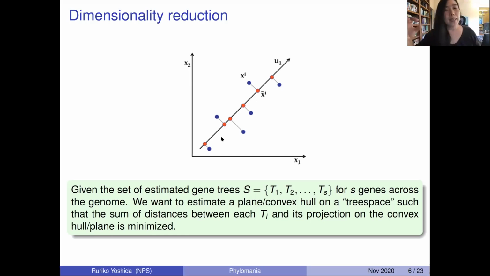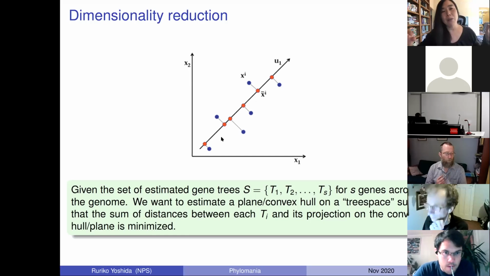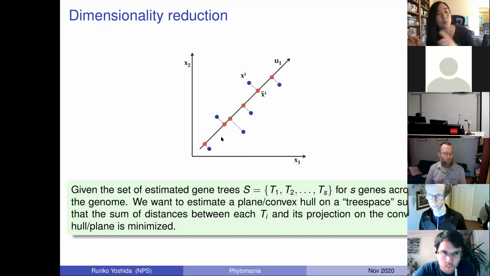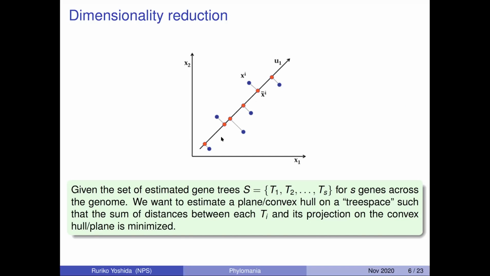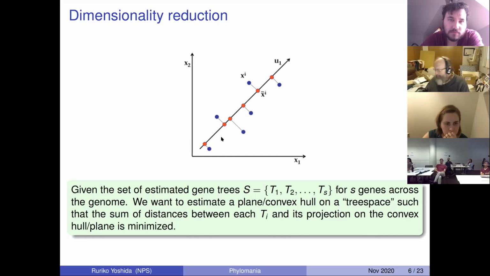Then we take the sum of the distances between the red points and blue points, and we try to find the linear space such that this sum is minimized. So we define PCA as a linear space minimizing the sum of the residuals.